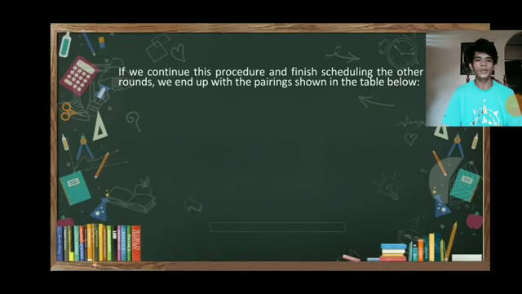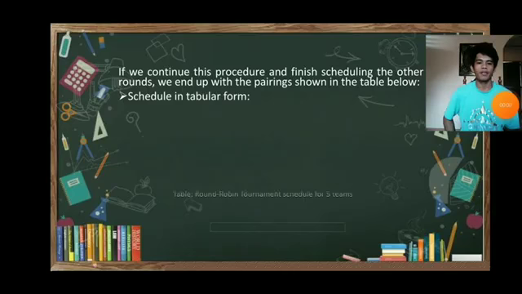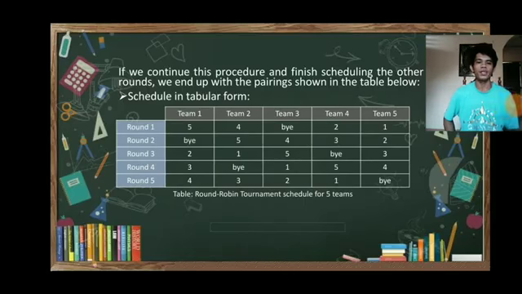If we continue this procedure and finish scheduling the other rounds, we end up with the pairings shown in the table below. This table shows the tabular form. We have round 1 to round 5. Team 1 paired with team 5. Team 2 paired with team 4.